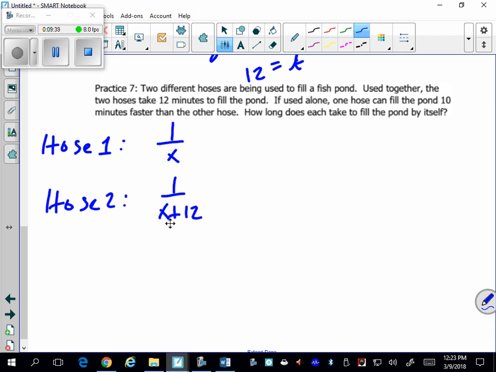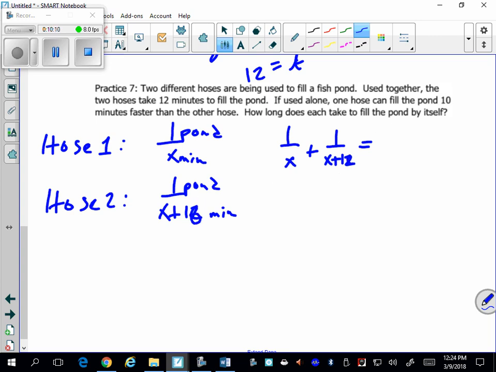So 1 pond, it takes X minutes to fill up. In this case, that same pond takes X plus 10 minutes to fill up. So we have 1 over X plus 1 over X plus 10 equals 1 over 12.